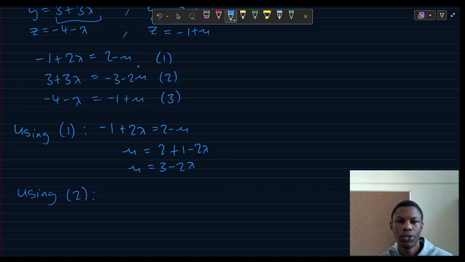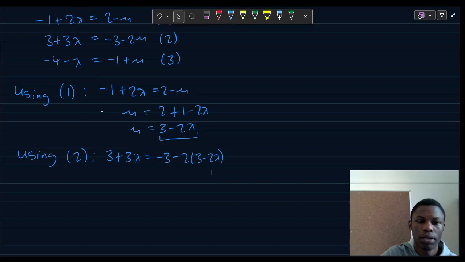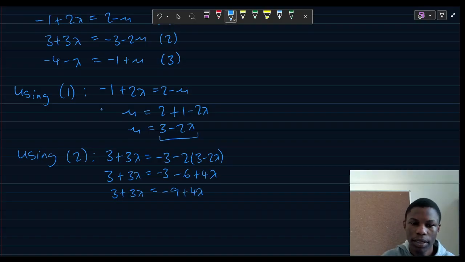So using equation 2, I can say 3 plus 3 lambda is equal to -3 minus 2 mu. From equation 1, we know that mu is 3 minus 2 lambda. And so we can simplify. This is 3 plus 3 lambda is equal to -3, -2 times 3, -6. -2 times -2 lambda, that's 4 lambda. So we've got 3 plus 3 lambda is equal to -9 plus 4 lambda.